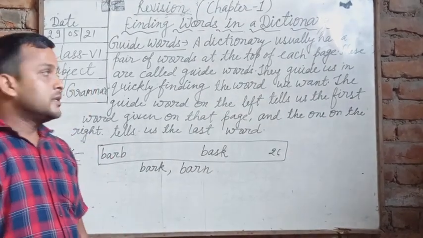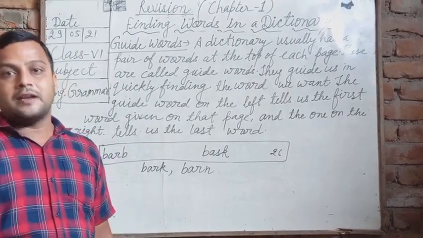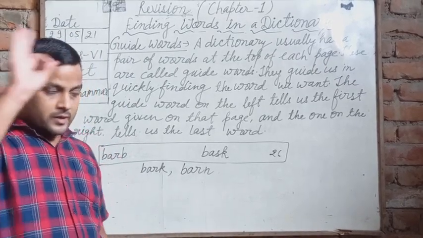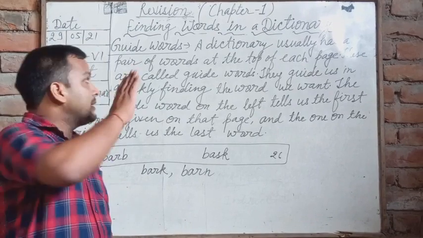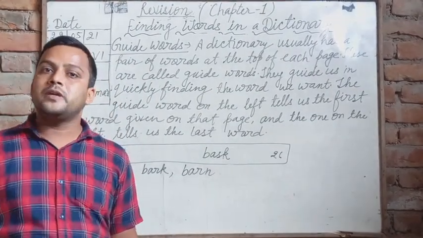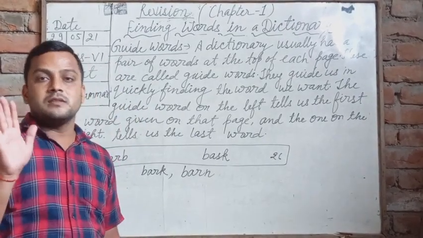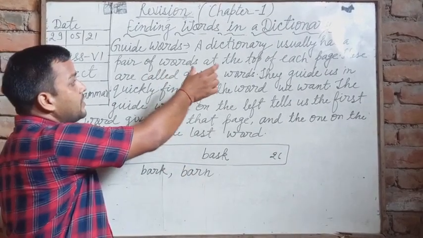Okay? Students, guide words are different in different dictionaries. In different types of dictionaries, the guide words are different and the page number will also be different. So you will revise this with the help of a dictionary. So what are guide words?